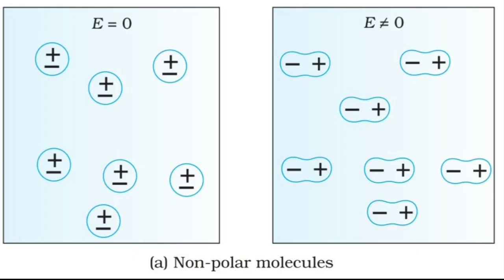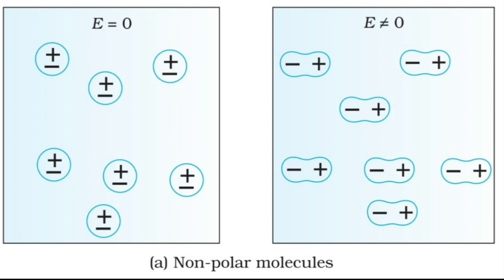Now let's discuss in detail the mechanism involved in the polarization of dielectrics. Let's start with non-polar molecules. The first diagram, on the left side, shows the sample kept in the absence of an external field. So a sample made of non-polar molecules is kept in the absence of an electric field. It's written E is equal to 0.